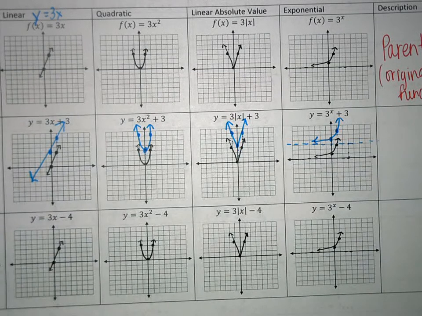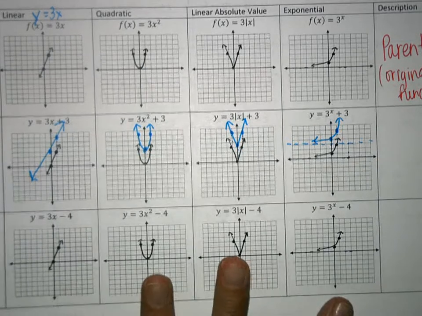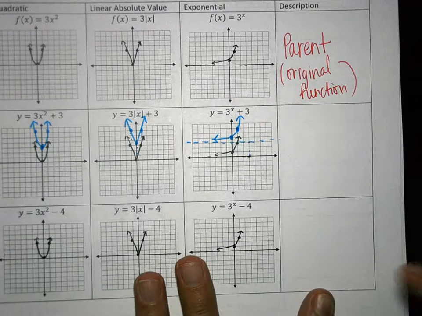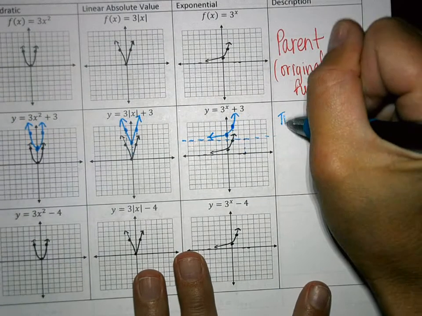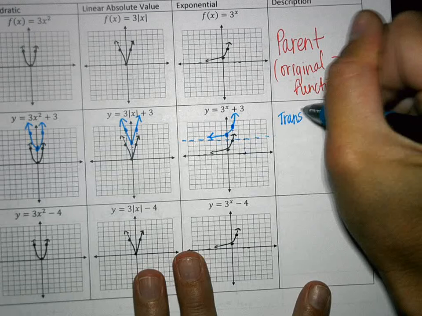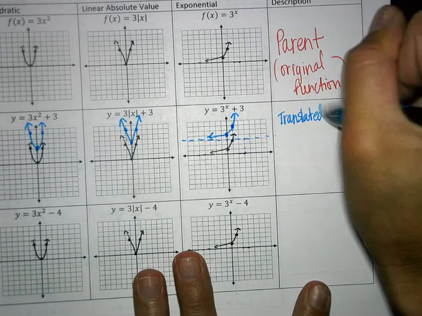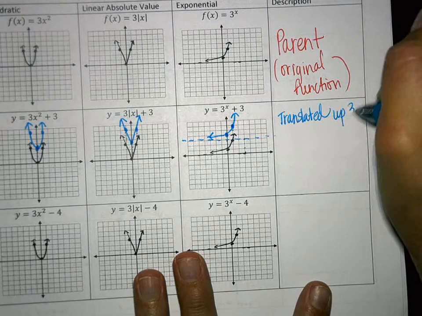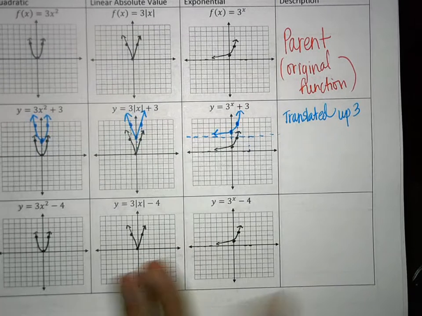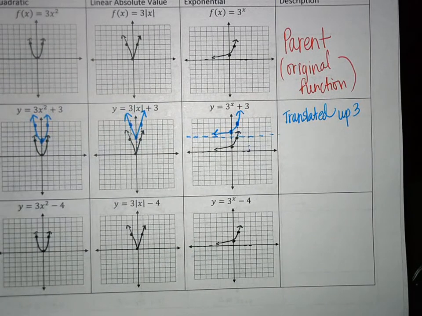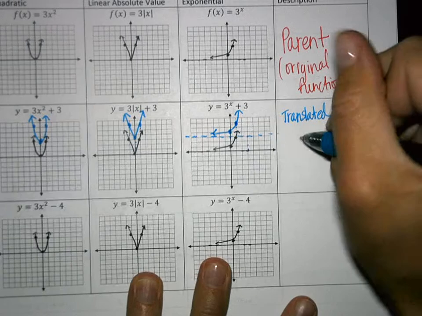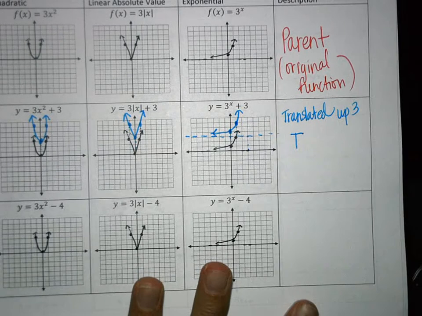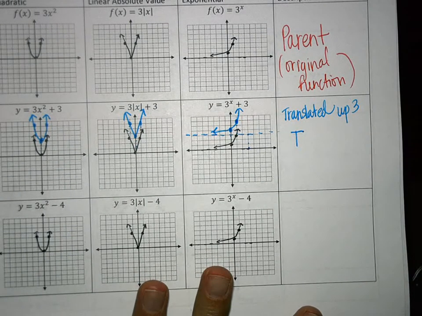Okay, and so the description of what has happened with all of these graphs would be that they did what? Okay, and we're going to write this a couple different ways. So let's write this in words first. Translated up 3. Another way you're going to see it written is with the T standing for translation.